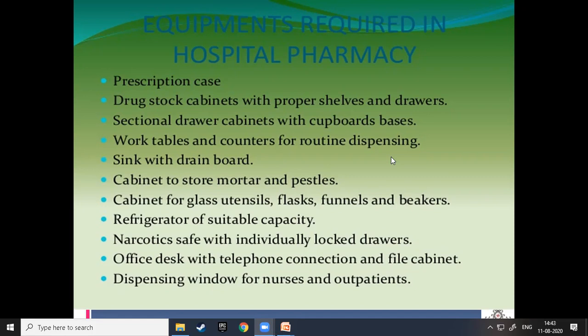For drugs stored below 8 degrees centigrade, we require a refrigerator.